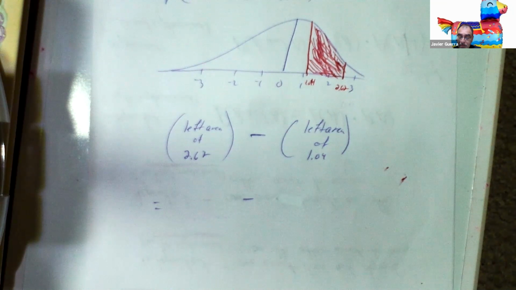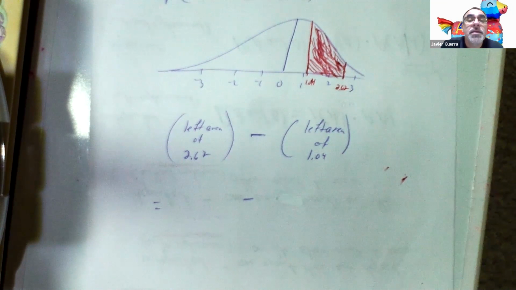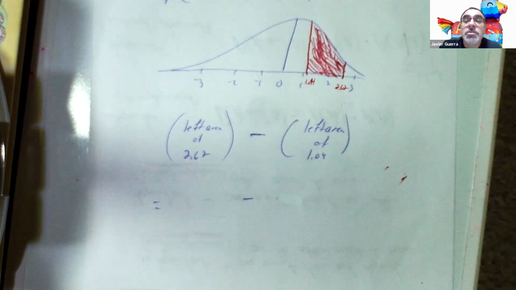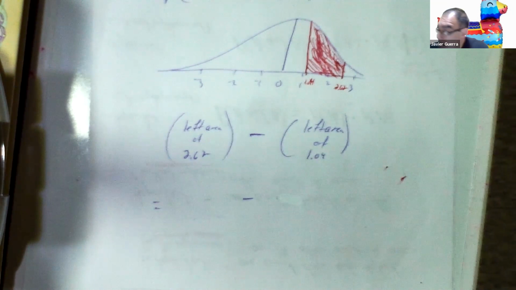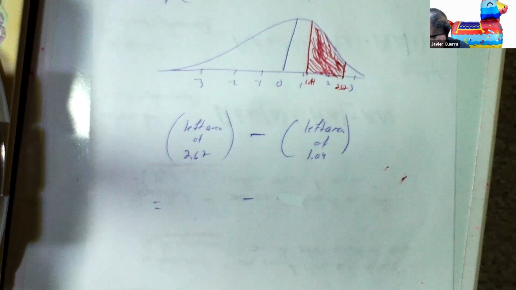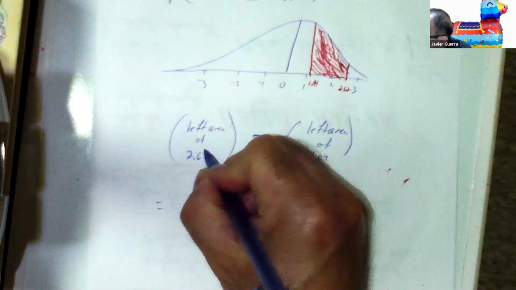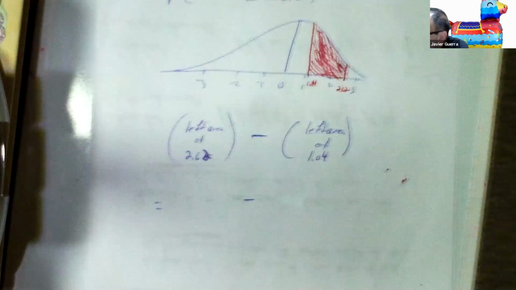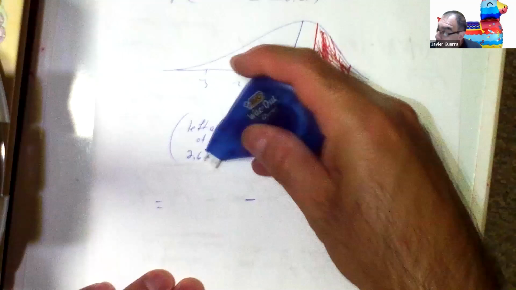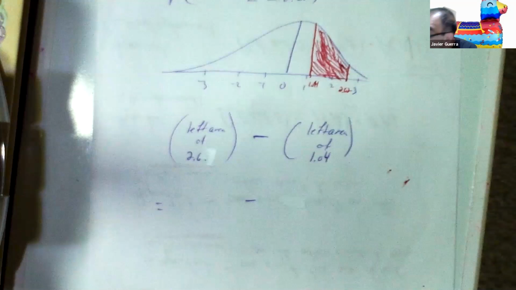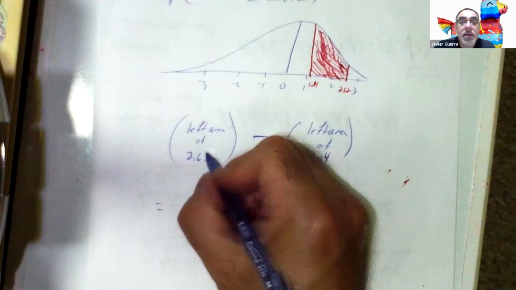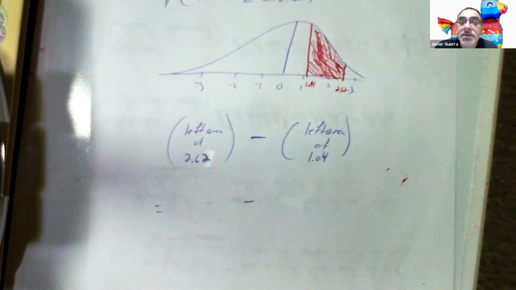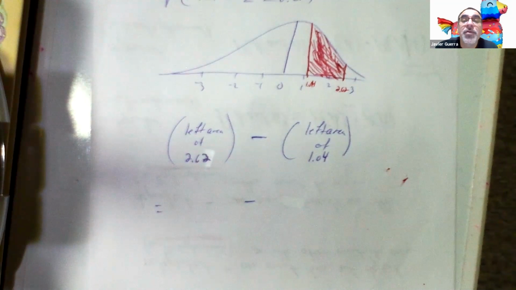Ready? All right. Okay, so let's type them in. 2.62, and then we'll type in the 1.04. Okay, sorry. Here we go. So go to stat disk, and we're going to enter first the 2.62.